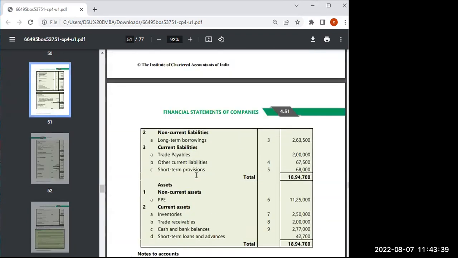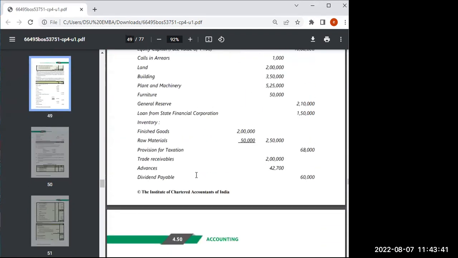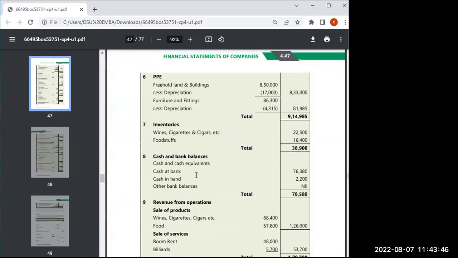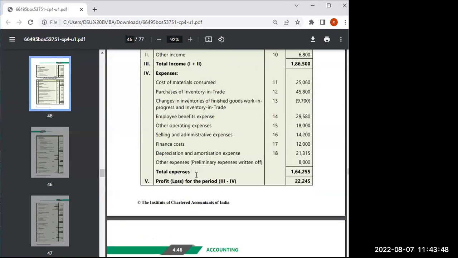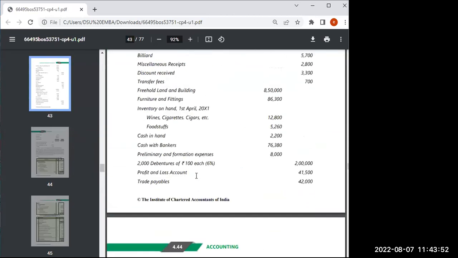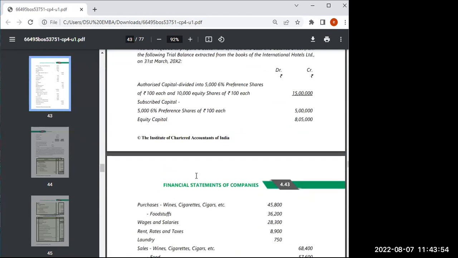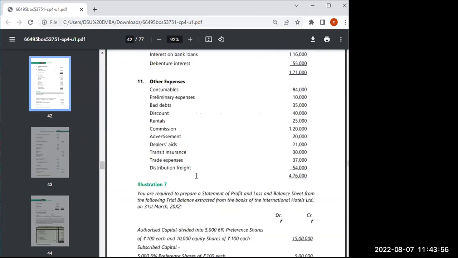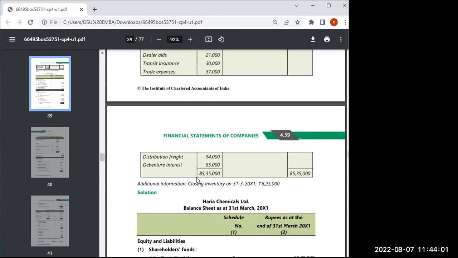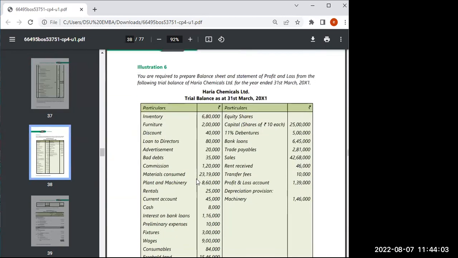Okay, let us take this question. Look at the 7th question. Or you can take a slightly easier one. Yeah, 6th question, look at this.